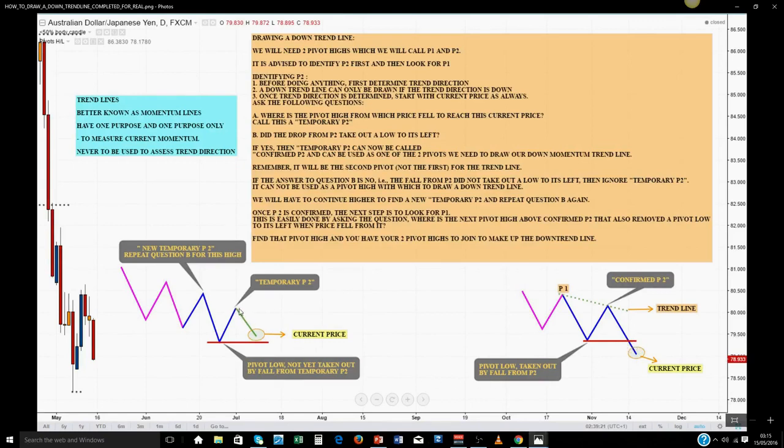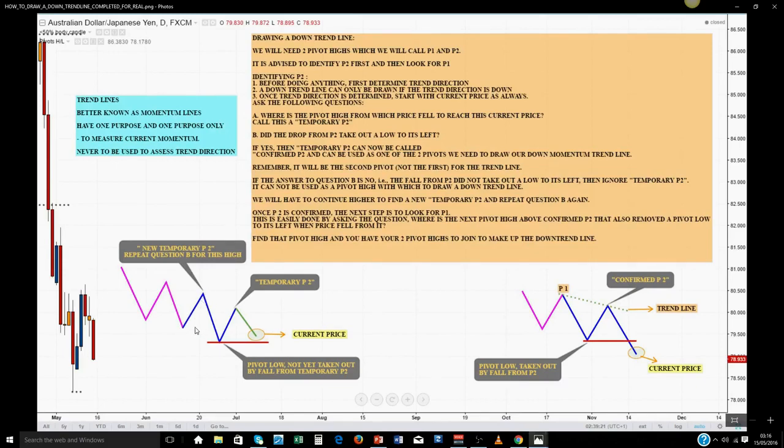So if we cannot use this high as the temporary P2, we have to go to the next high above this one and do the same thing again. When price fell from this new temporary P2, did it take out a pivot low down and to the left of itself?